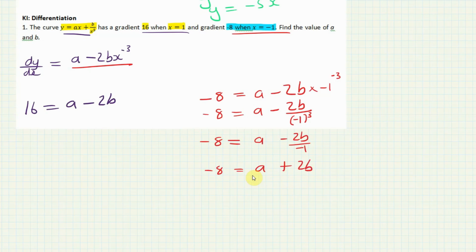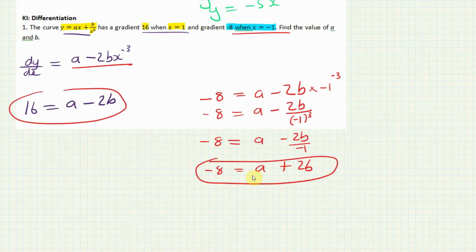Okay, so now we can take this equation here and this one here, and I think we could just add them together, couldn't we? So 16 plus minus 8 is 8 equals, and then we get 2a, and the minus 2b, when we add the 2b to it, that cancels out, so we get a is equal to 4.